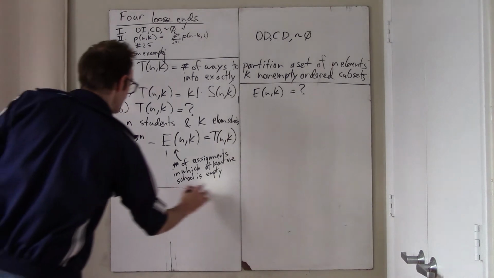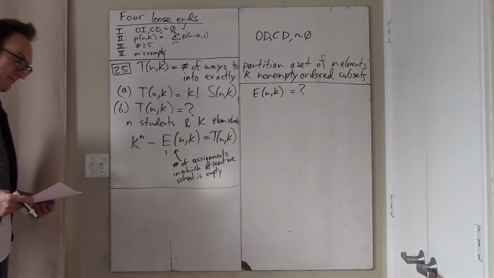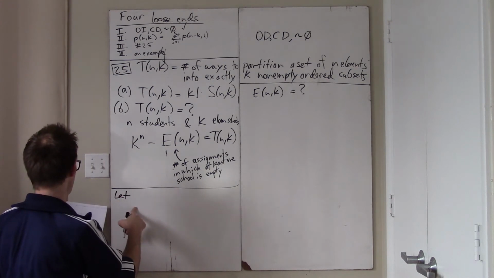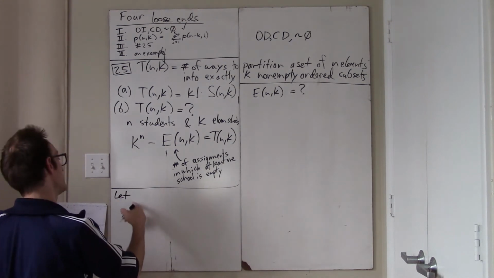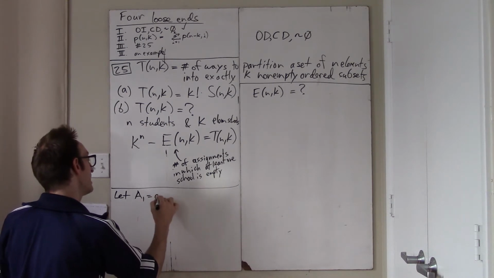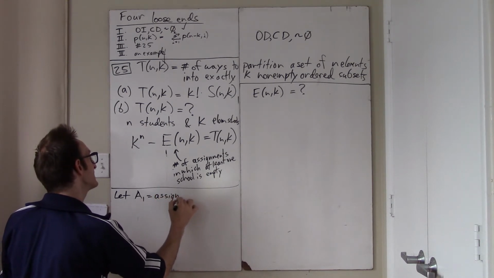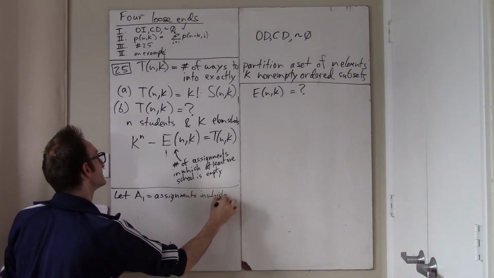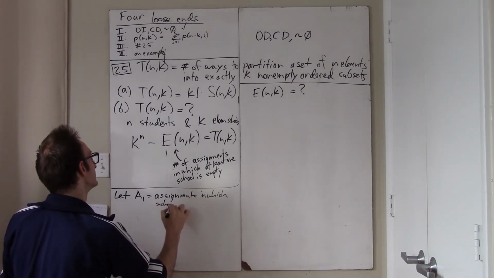Okay, well actually I'll sort of start my work down here maybe. So let A1, this might be clear to some people, this might not, let A1 be the set of assignments in which school 1 is empty.